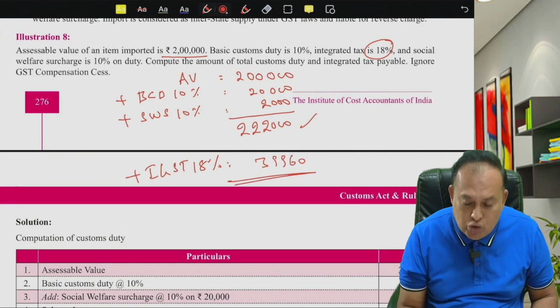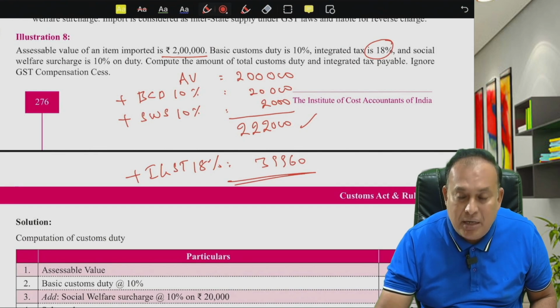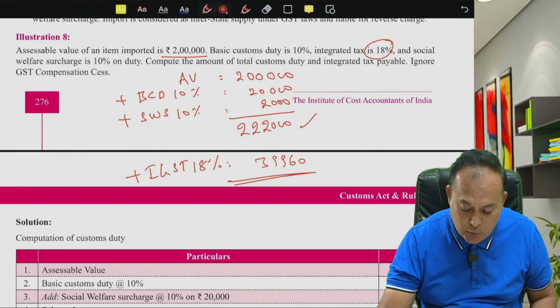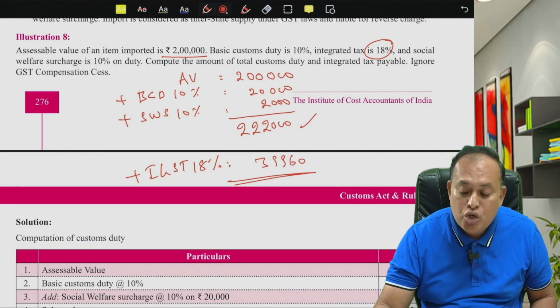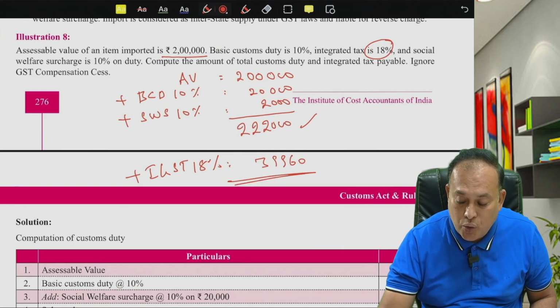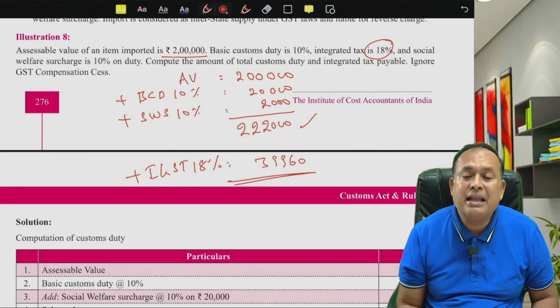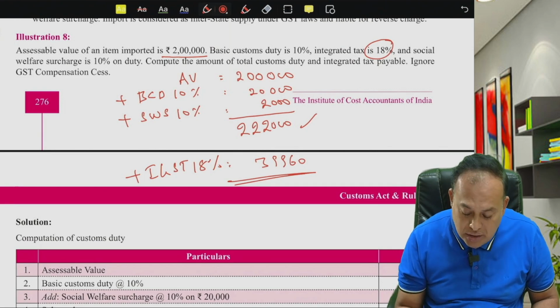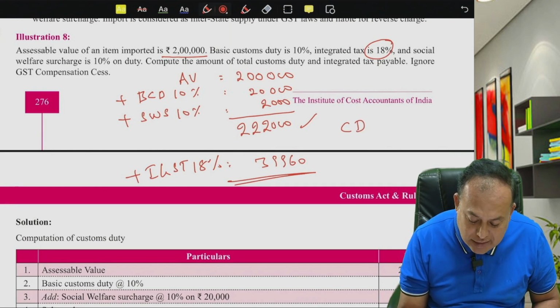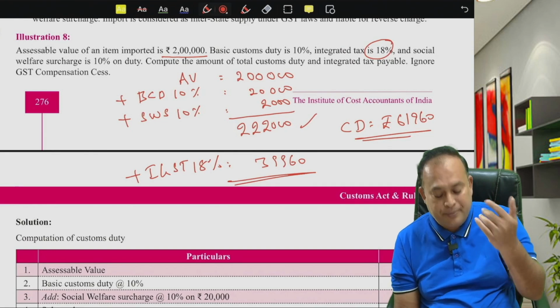So, total duty of customs is nothing but BCD 20,000 plus social welfare charge 2,000 plus our additional duty, namely IGST 39,960. Totally, the total custom duty comes to 61,960. As simple as this, my dear friends.